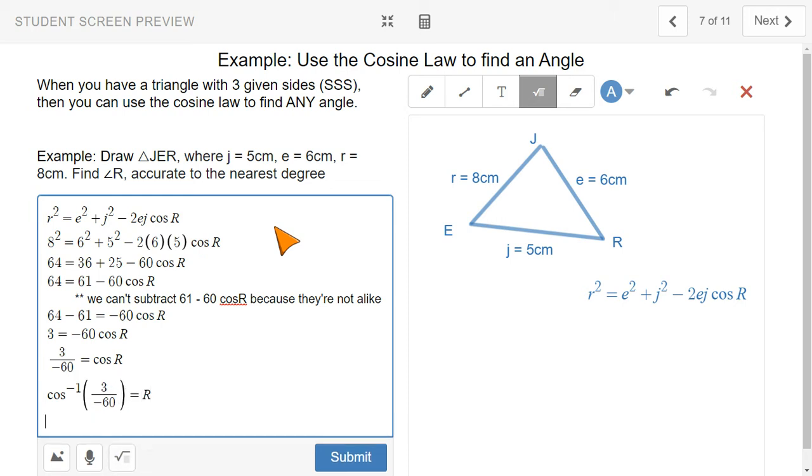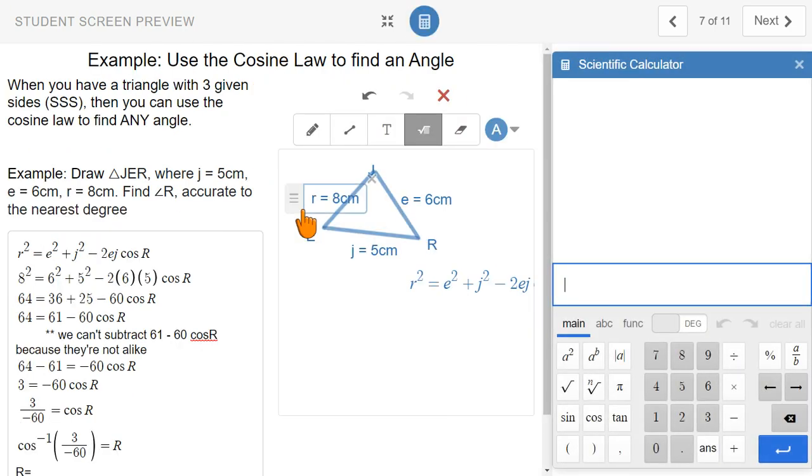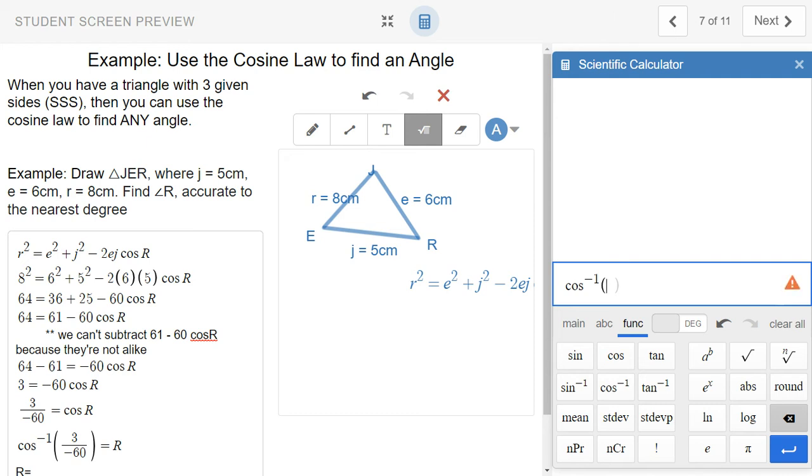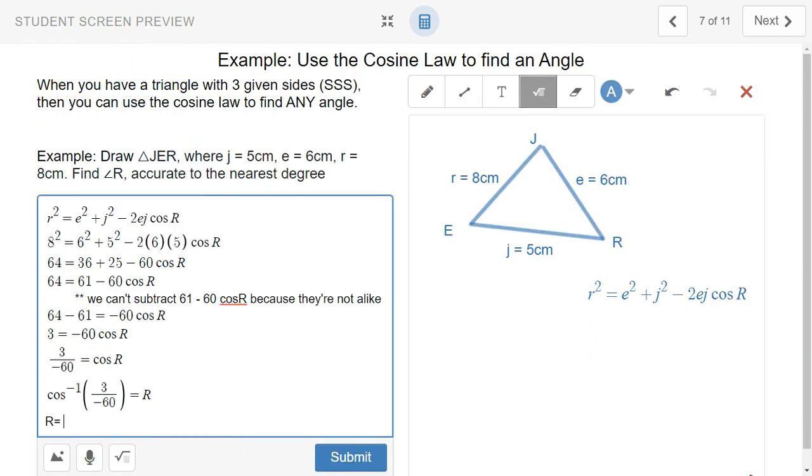This is equal to R. And we have R is equal to 92.9 degrees. Let's round it to 93 degrees.